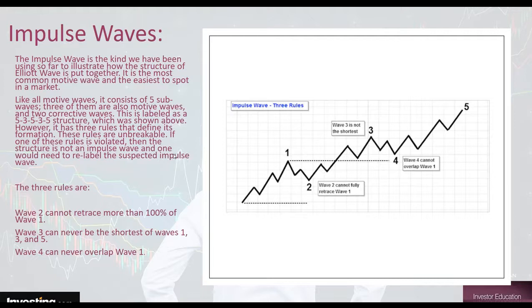Like all motive waves, it consists of 5 subwaves. 3 of them are also motive waves, and 2 of those are corrective waves. This is labeled as a 5-3-5-3-5 structure. Okay, so that's a lot of words. So what we have is, here we have the markets moving up to what is 1 in the impulse wave or the motive wave.